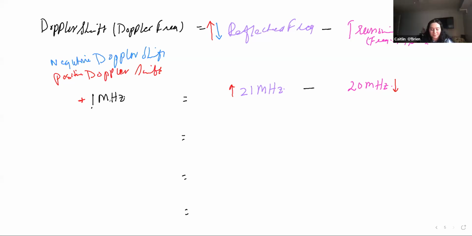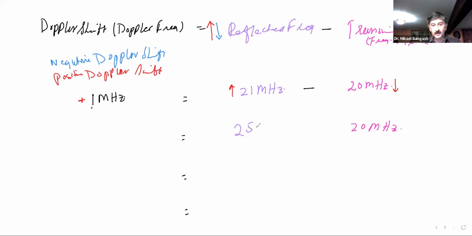Yep. Good. Now let's say it was the same transmitting frequency, 20 megahertz. Now let us say that in this case the reflected frequency was 25 megahertz.